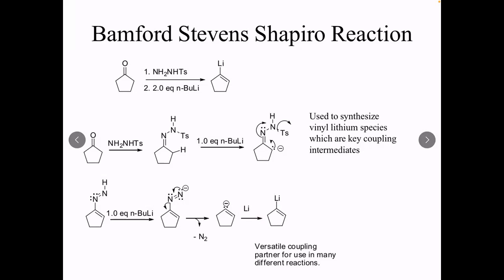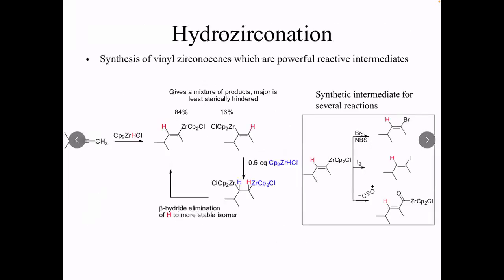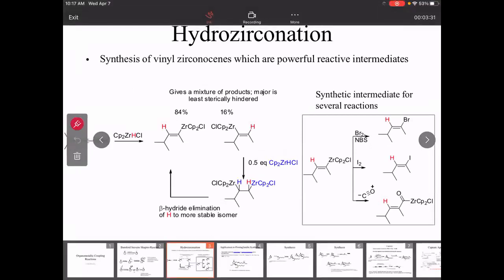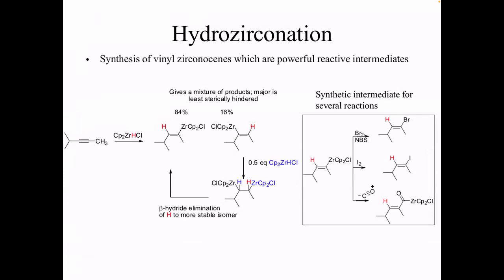So again, vinyl lithium is very, very versatile for coupling reactions with all types of different substrates. And we've already talked about hydrozirconation, which I think was maybe last week or the week before.